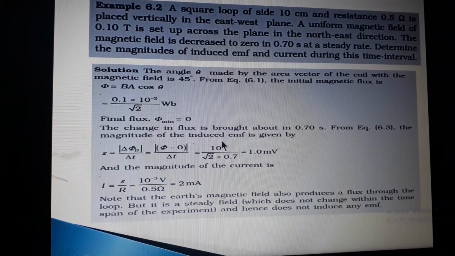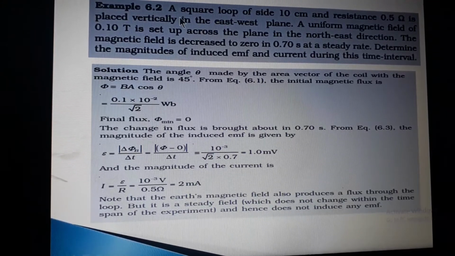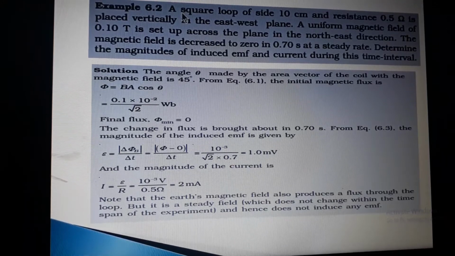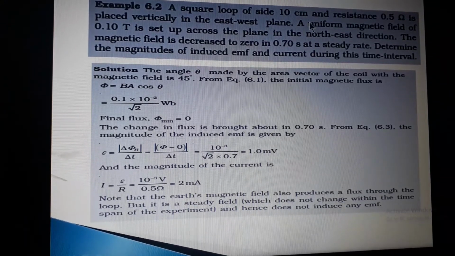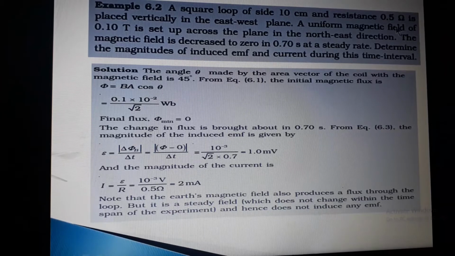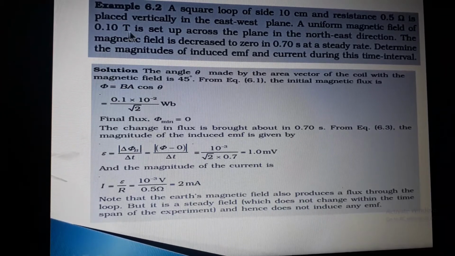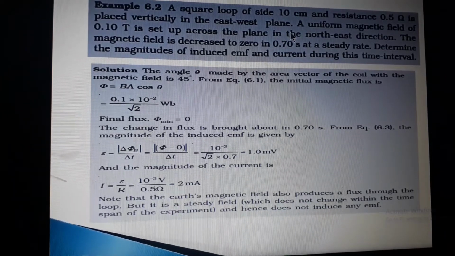First of all, what the example wants to say: a square loop of side 10 centimeter and resistance 0.5 ohm is placed vertically in the east-west plane.